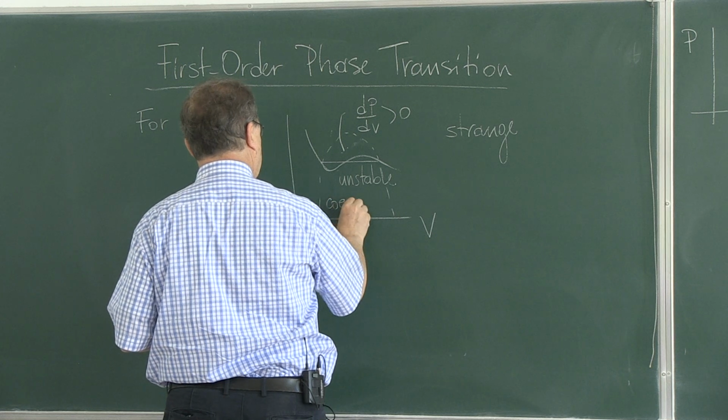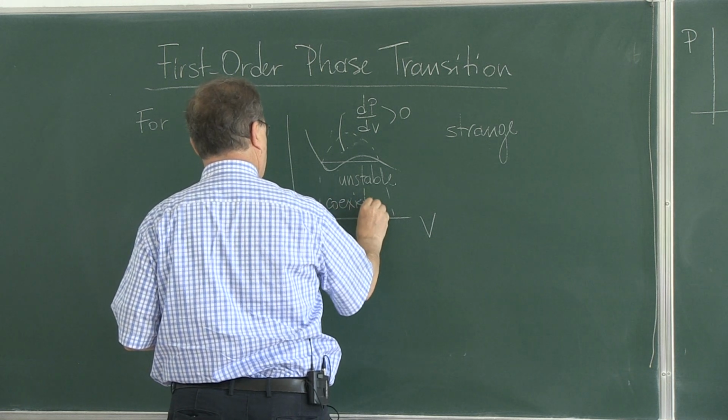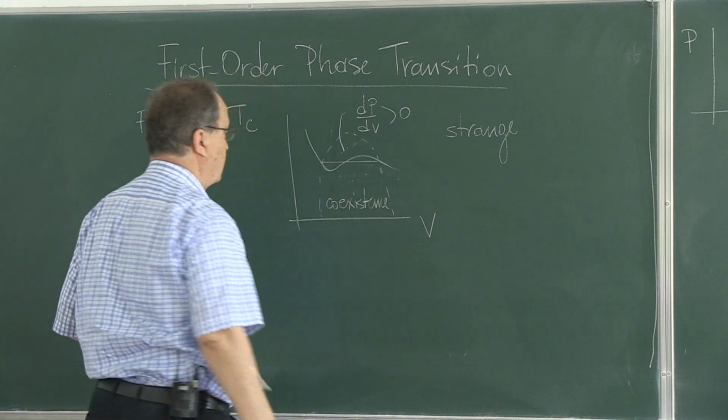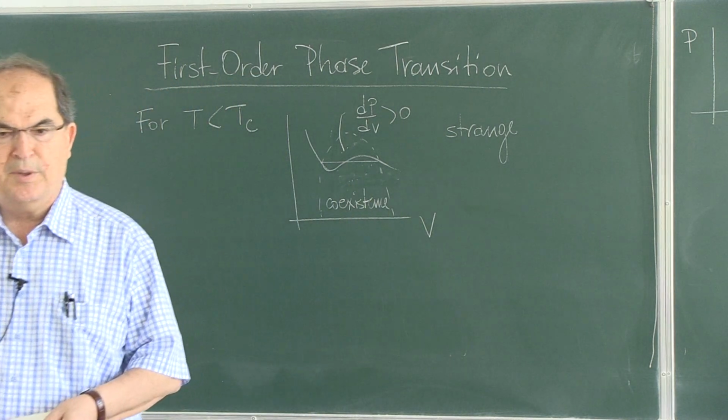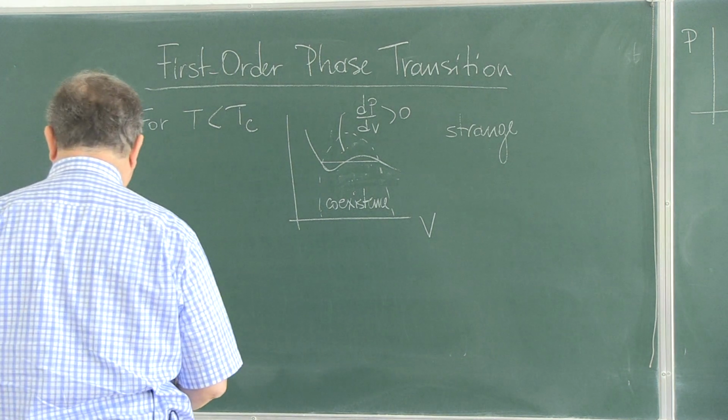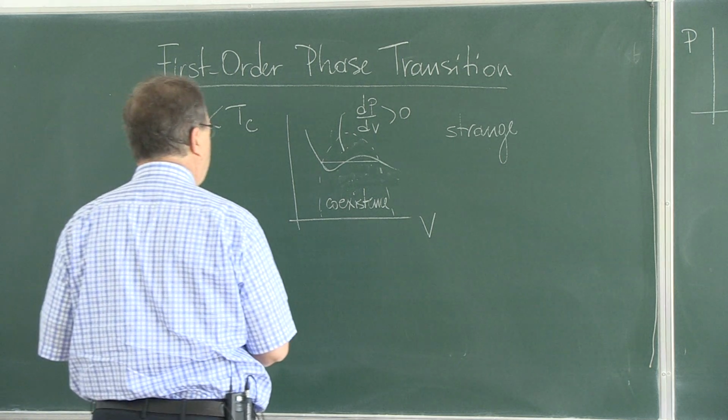This is the coexistence region. And I have mentioned the problem with this unstable van der Waals result. We have to correct it.